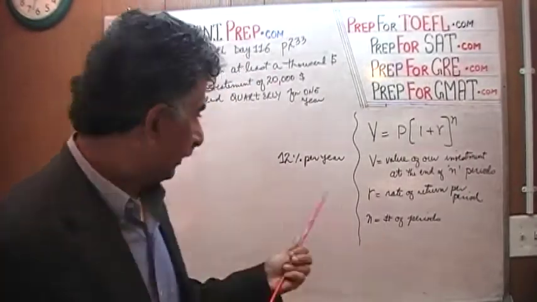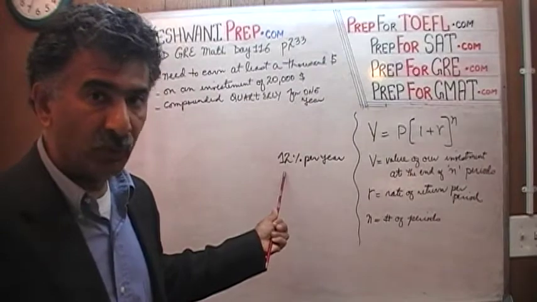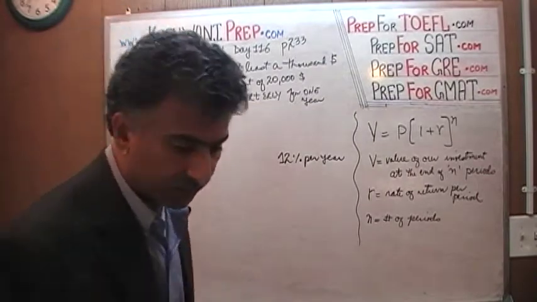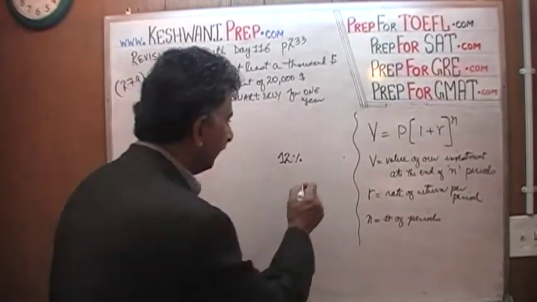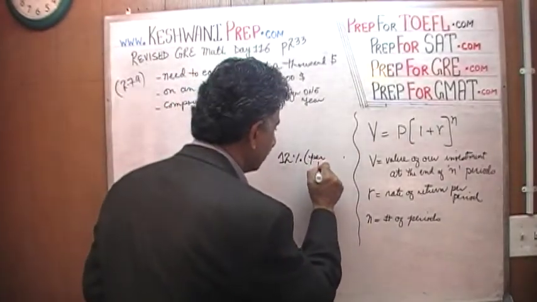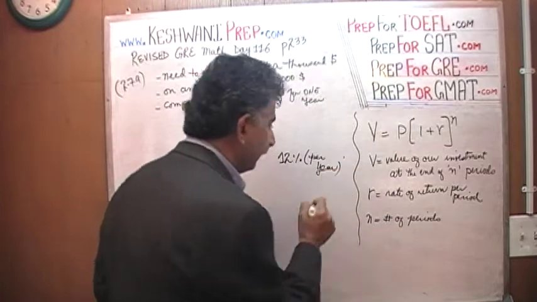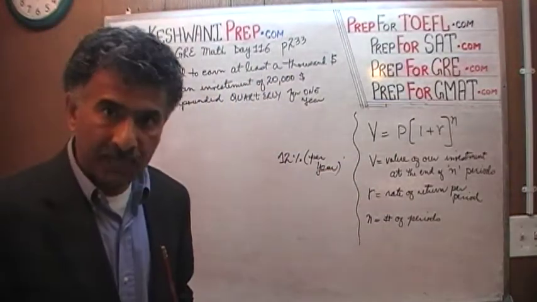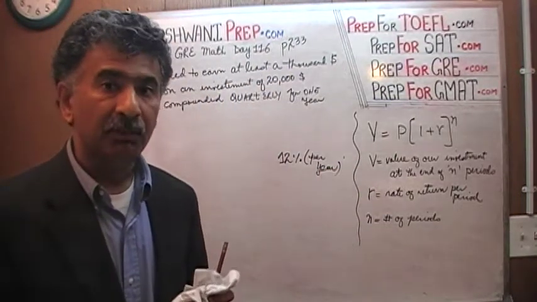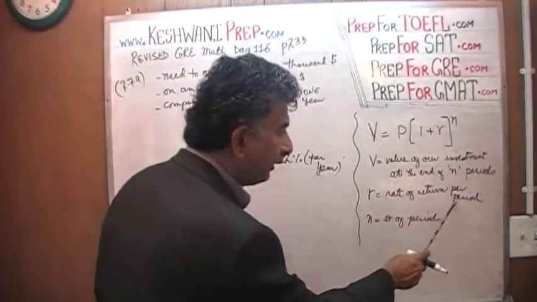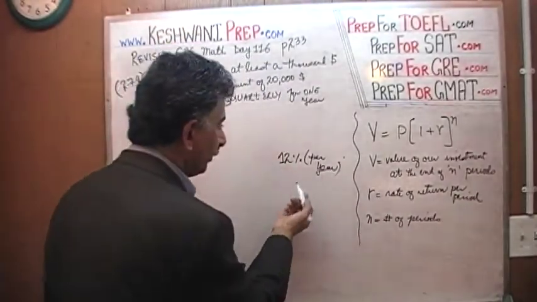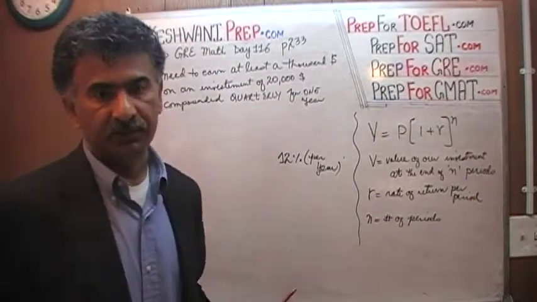In which case, you will take the interest that the bank tells you, 12%, because the bank is not going to say per year. Interest rates, when they are stated, it's understood that it is per year. But if it's going to be compounded every month, then the interest rate per month is going to be 1%. So the rate of return per period in this case is going to be 12 over 12, because there are 12 periods in a year.